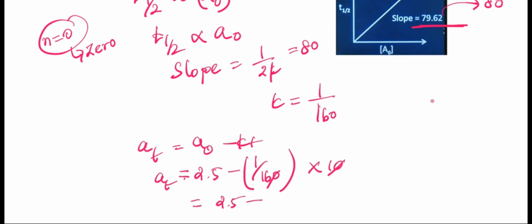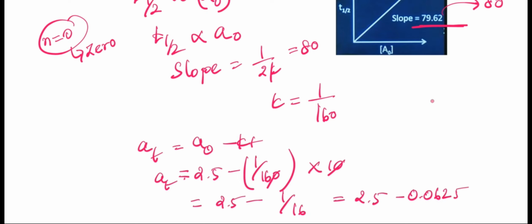So 2.5 minus 1 by 16. So let me calculate the answer. So 1 by 16 becomes 0.0625.